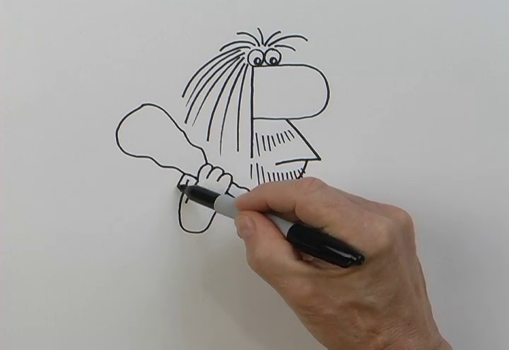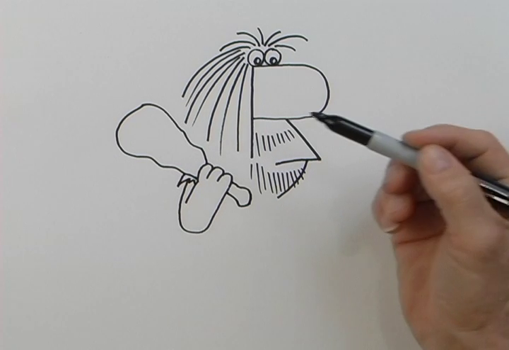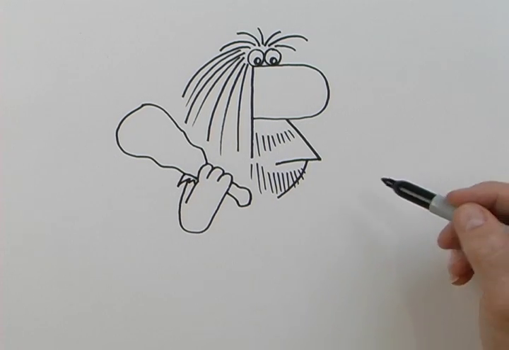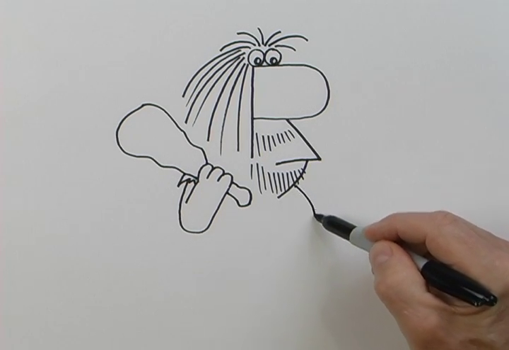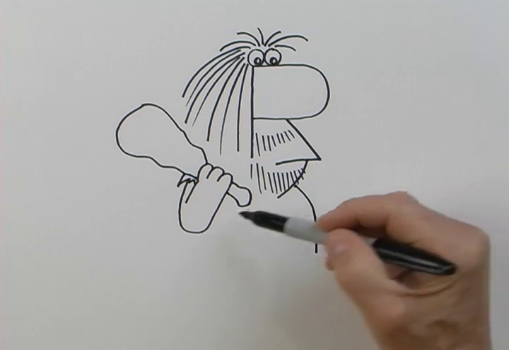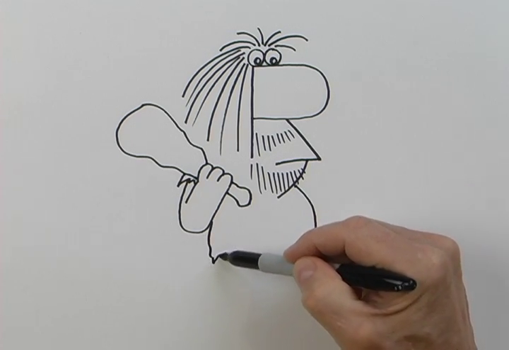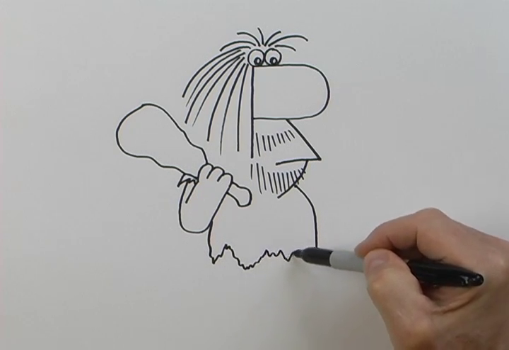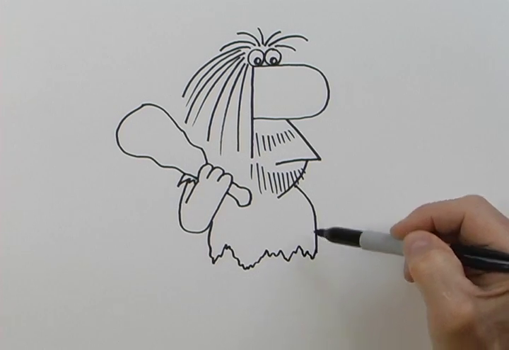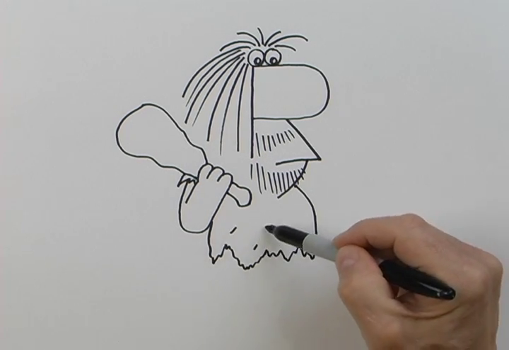The top of his sleeve right there. And there's the caveman's belly. The skin that he's wearing is all rough on the edges. Look at that.